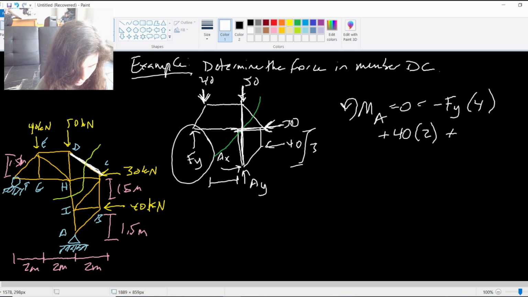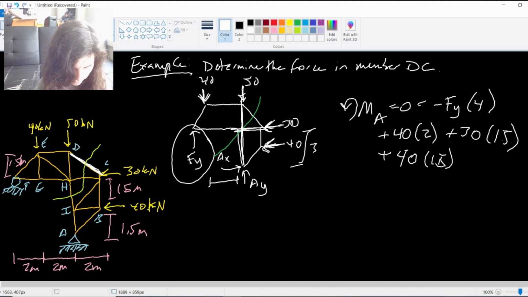So plus 30 times 1.5. And then I also have this 40. That is 1.5 meters away, plus 40 times 1.5. And that's it. No A reactions because we're taking the moment about A.